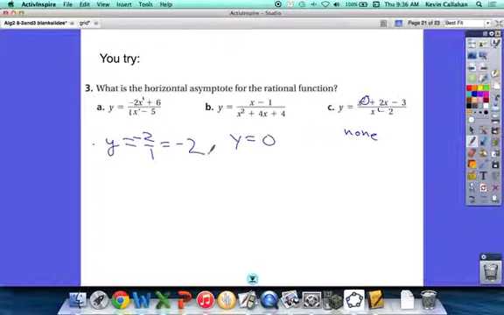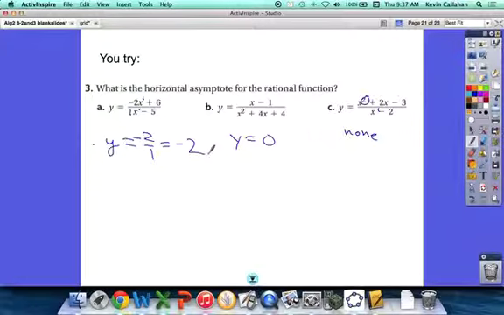Be careful when the question asks about a horizontal asymptote: you need to put the variable. If you write negative 2 and don't put y equals negative 2, you may lose points, because you may think it's going to be vertical, not horizontal. So use the variable for that asymptote.